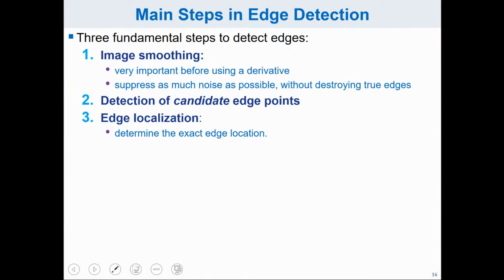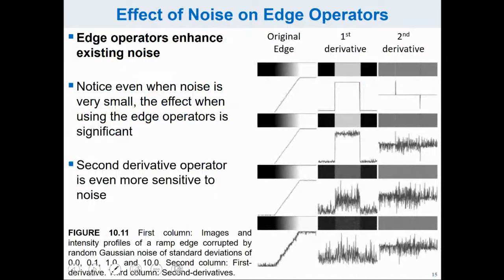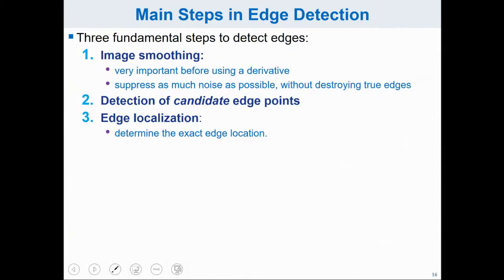So typically in any edge detection operation, the first thing that you want to do before you start is you need to smooth the image. That's very important, as we've seen from this example, because it smooths the image and tries to get rid of the noise.